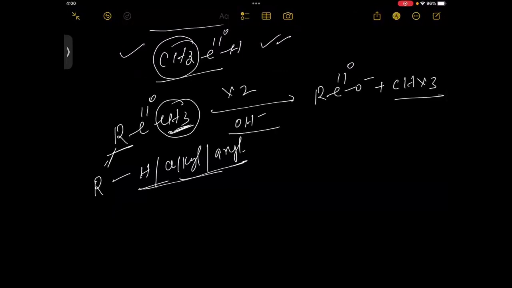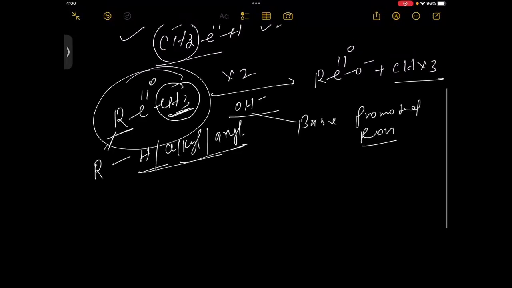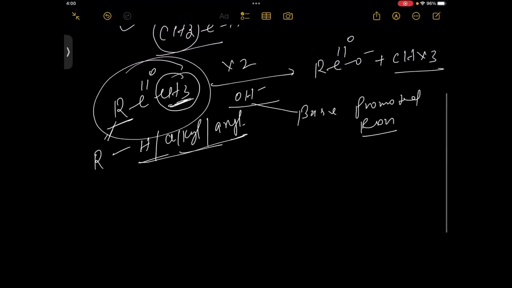Since we have taken the base, it is called a base promoted reaction. Now, how will this base work on the methyl ketone, or methyl carbonyl? Those carbons directly connected to the carbonyl group are the most acidic carbons, so their hydrogens are the most acidic hydrogens. Through the most acidic hydrogen, you will generate the enolate ions.